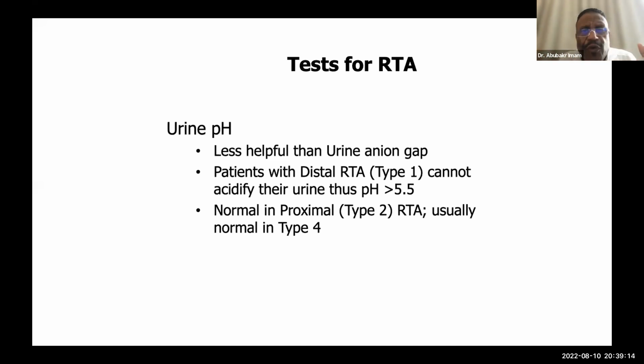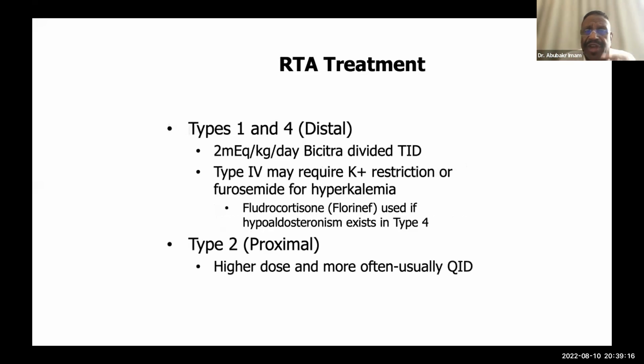It can be confusing. However, if I'm dealing with proximal, distal, or type 4, and I give sodium bicarbonate or sodium citrate, 2 milliequivalents per kilogram per day divided in 2 doses, and the patient is not corrected, then most likely I'm dealing with the distal part.